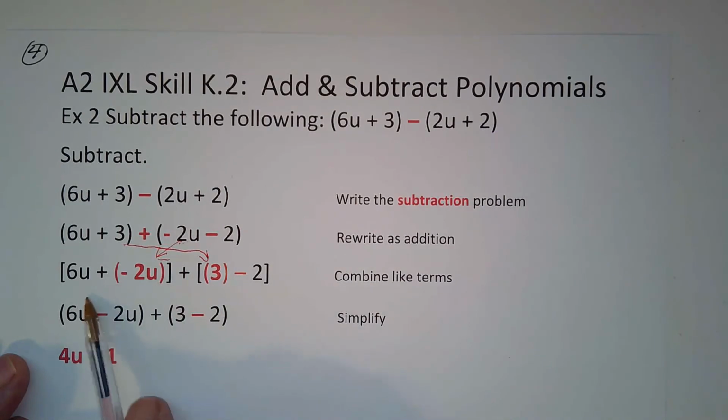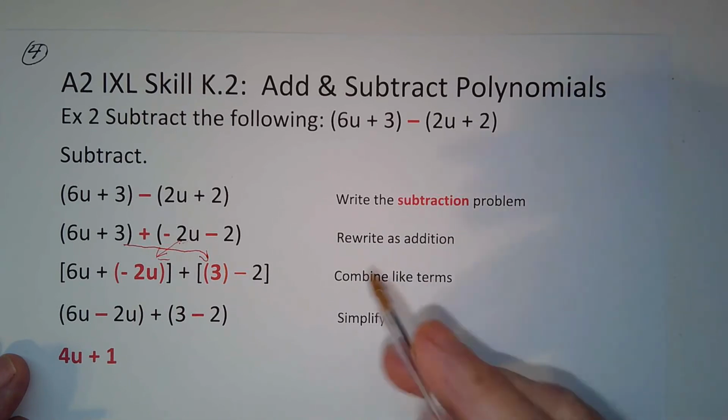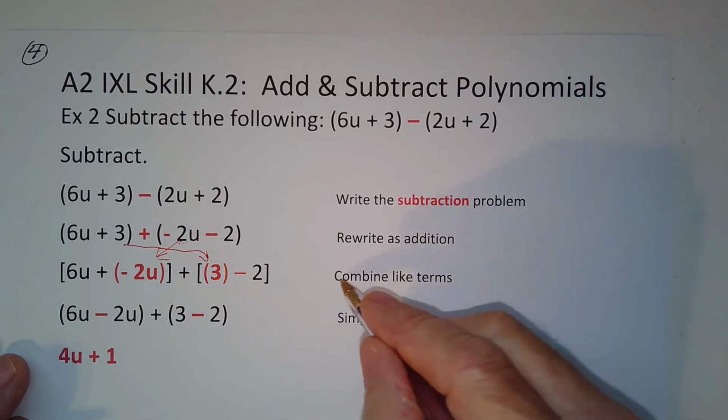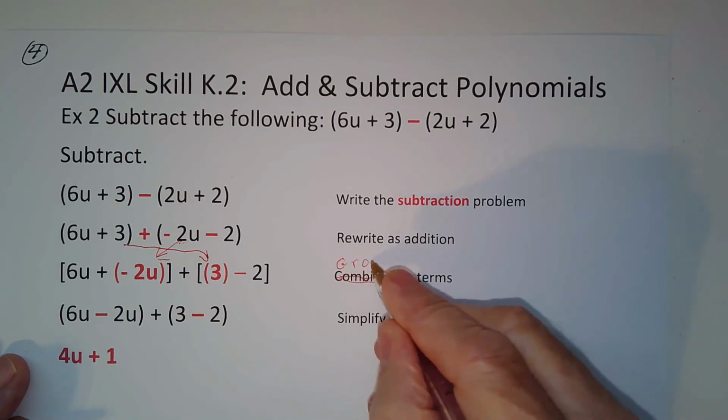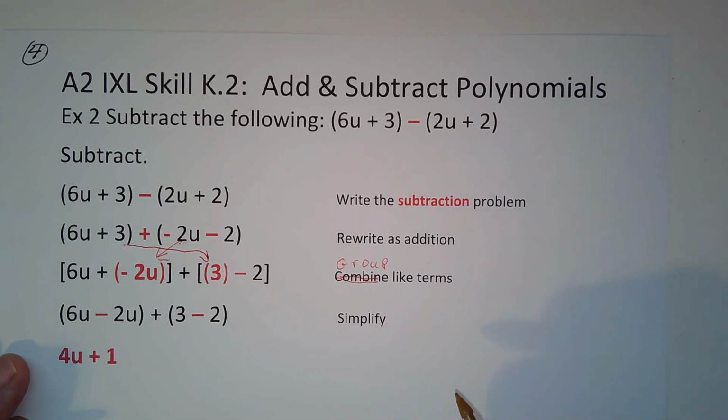So I'll have 6u plus a -2u, and I will be adding that to 3, which I moved down here, minus 2. Okay, so I now have like terms grouped together. So it might be better to say group like terms. It's probably the better wording here. So I'm going to change this to group like terms.